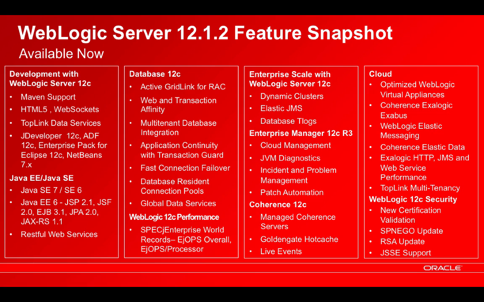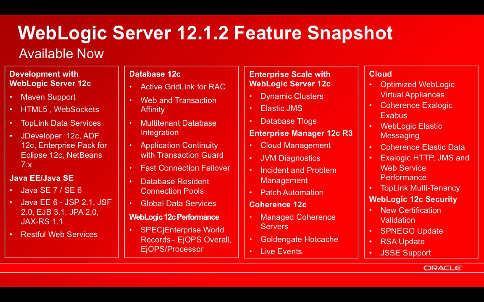Let's get started. Here we have a feature snapshot of the WebLogic Server 12.1.2 release that's currently available. As you can see, this product release has a vast array of features and capabilities.